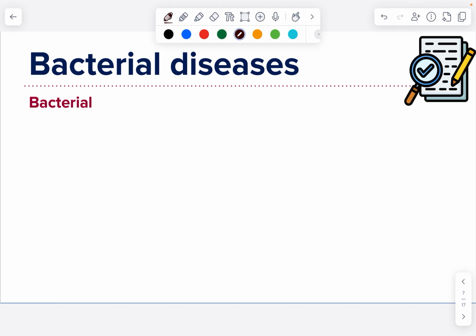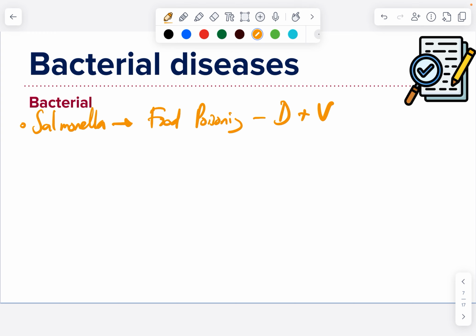Bacterial disease then, two main bacterial diseases. So first one is Salmonella, which leads to quite severe food poisoning. Symptoms are D&V, which is diarrhea and vomiting, often linked to lack of hygiene or unhygienic conditions, particularly with poultry or chickens, etc. It can lead to fevers as well, because the Salmonella releases a toxin.